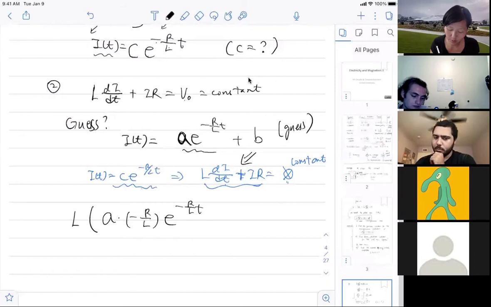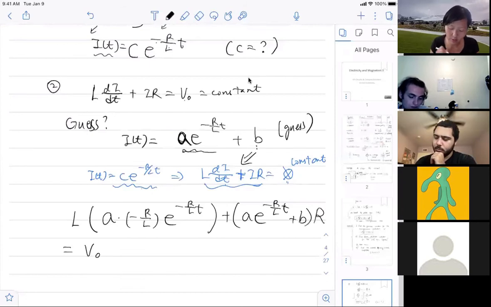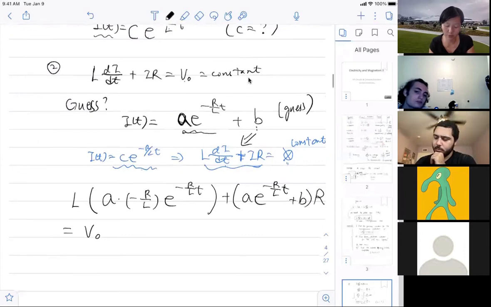That's your first term. Plus B, a constant, whose derivative is 0. Plus current, which is this entire thing, times resistance R, is equal to V naught, which is the voltage of the battery.